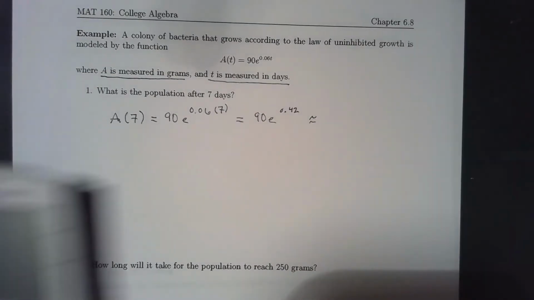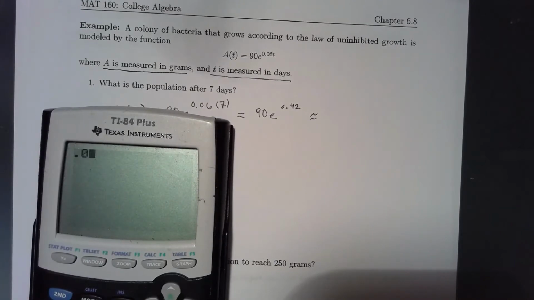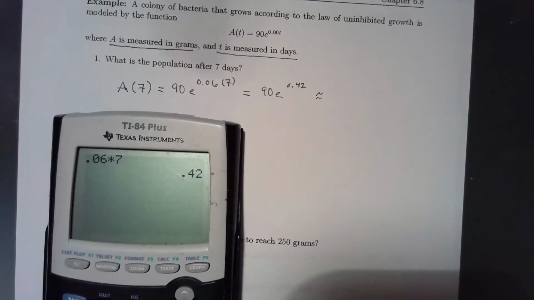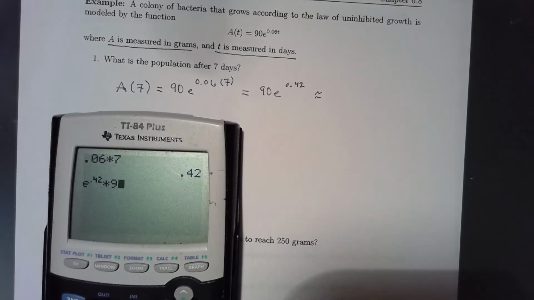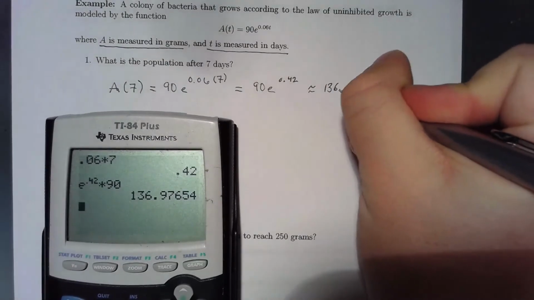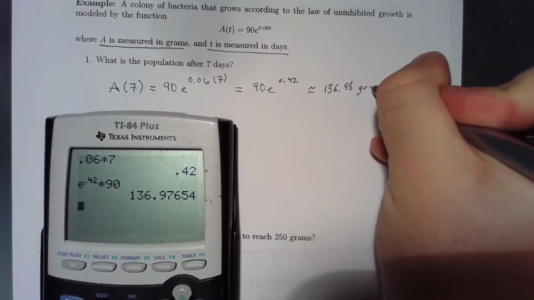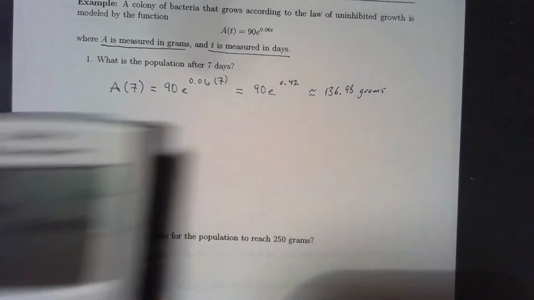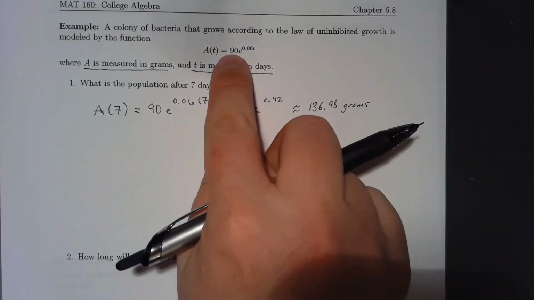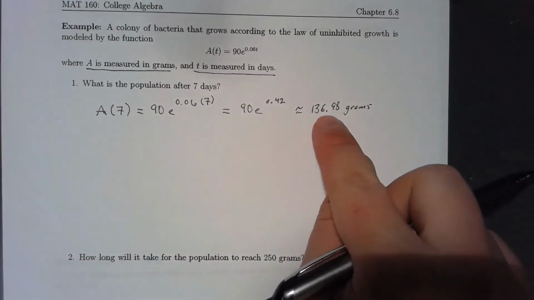So when you type that in your calculator, I'm going to have e to the 0.42 power times 90, which gives me roughly 136.98 grams. So what is the population of this bacteria after 7 days? Well, if the initial amount was 90, after 7 days it grew to 137 grams.